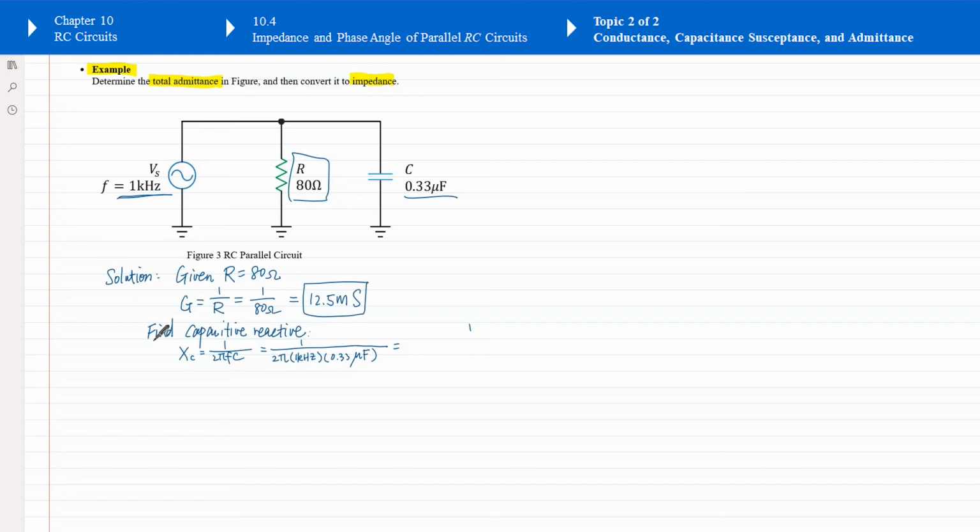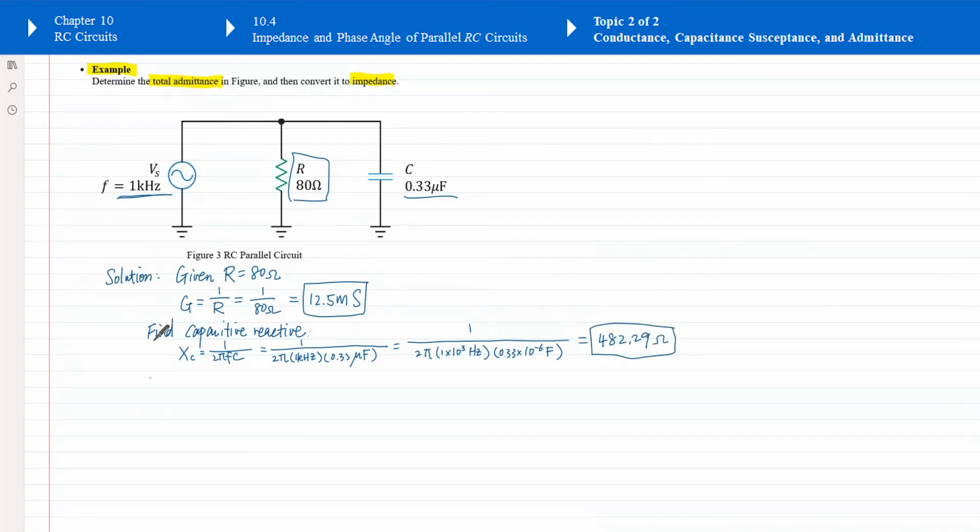And this is 1 over 2 pi times 1 times 10 to the power 3 hertz, and 0.33 times 10 to the power negative 6 farad. Using calculator, I got 482.29 ohm.